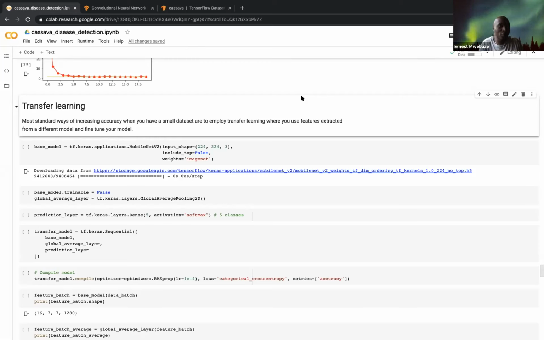Maybe they trained for longer, trained with a bigger data set. Maybe we can transfer the initial feature extraction and then add onto this our specific goal of training on the cassava data set, and maybe this will improve.